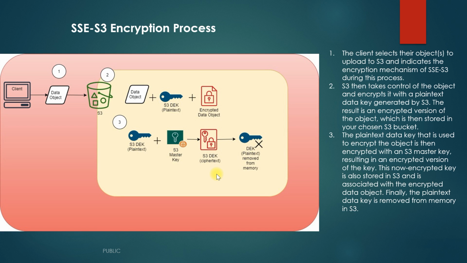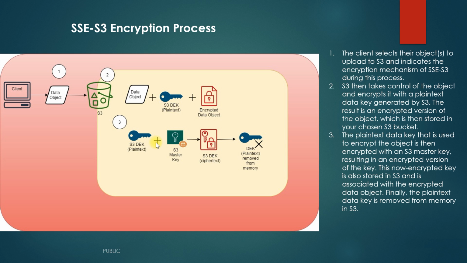The very first scenario is server-side encryption using S3. So the client is uploading data to S3, and S3 generates a plain text data encryption key, with the help of which the data object gets encrypted, and therefore we get the encrypted data object, which will then be stored within S3.